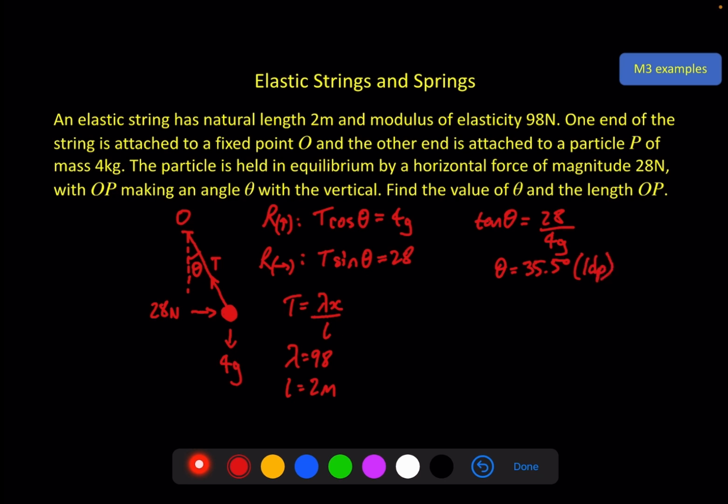And putting that back in gives me a tension of 48.17... Remember, don't use the rounded answers in the calculation.